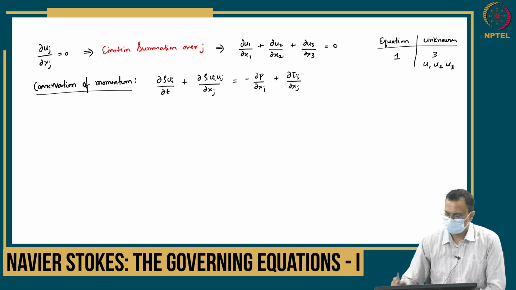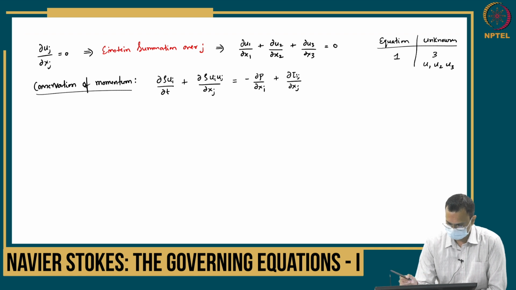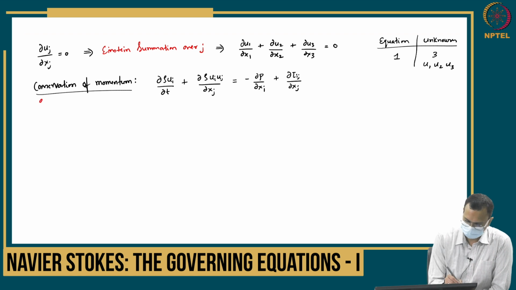We already discussed the gradient term, how it has to be written in Cartesian tensor notation, how the divergence term is written, how the Laplacian, all these terms we discussed previously, right? So I have written the conservation of momentum in Cartesian tensor notation, and I already said rho is constant density, which implies incompressible flows.